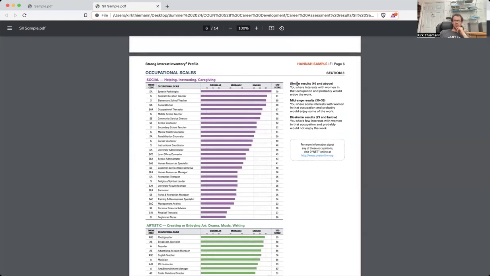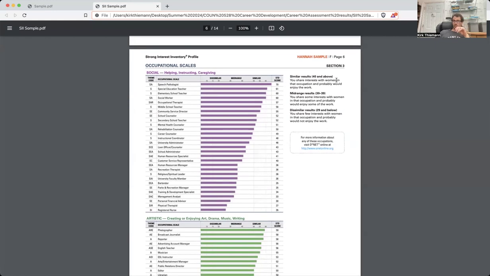And you see here that it says scores of 40 and above mean that your results were similar to individuals in these fields, similar interest areas, and that's with women. So Hannah, being female, it says you share interests with women in the occupation and would probably enjoy the work.